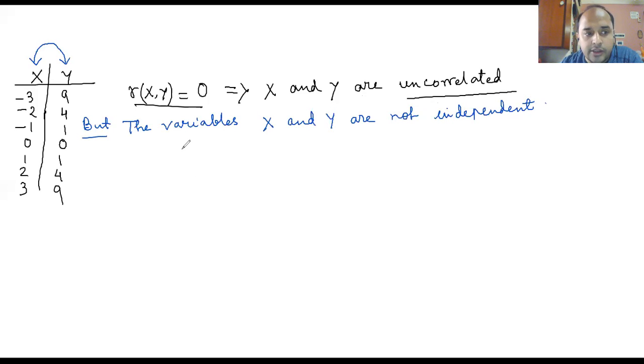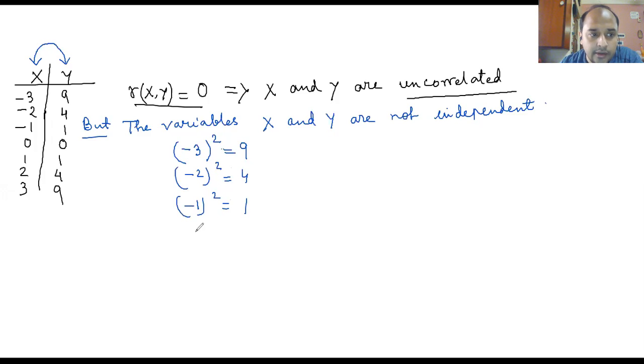Why? Because I actually squared -3 to get 9. I actually squared -2 to get 4. I actually squared -1 to get 1. Then, oh sorry, again I have written 0 over here, but 0 was not there in my chart.